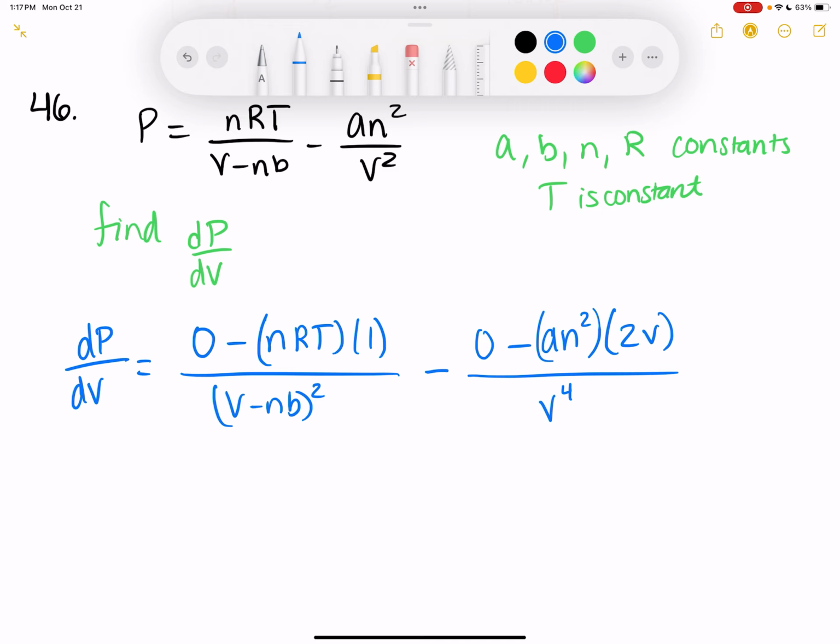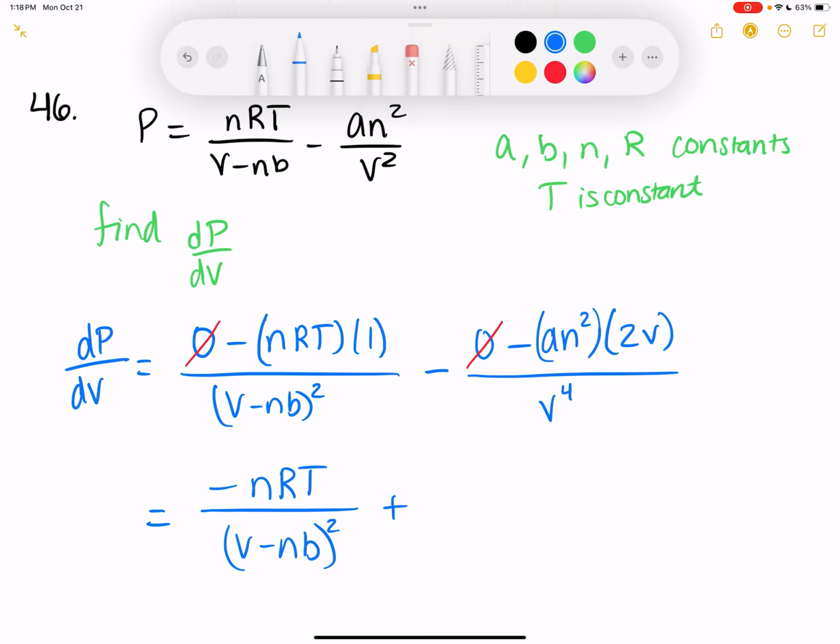So then to simplify this down, obviously these zeros are gone. I'm just going to cross them out for the visual effect of it. So I've got negative nRT over V minus NB squared minus, nope, I lied, it's going to be plus because negative and negative is positive, so plus.